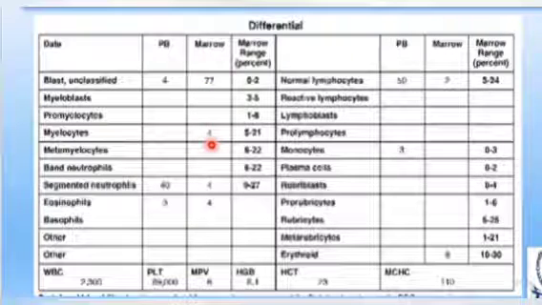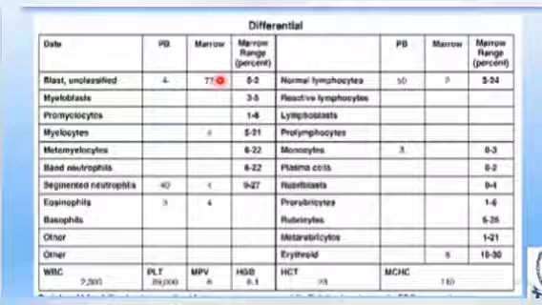So here this is the bone marrow aspirate, and you are looking at the hemogram and myelogram as well, like blasts are 77%. It means that blasts are very high, and if you have more than 30% blasts in bone marrow or peripheral blood, then you think about leukemias.